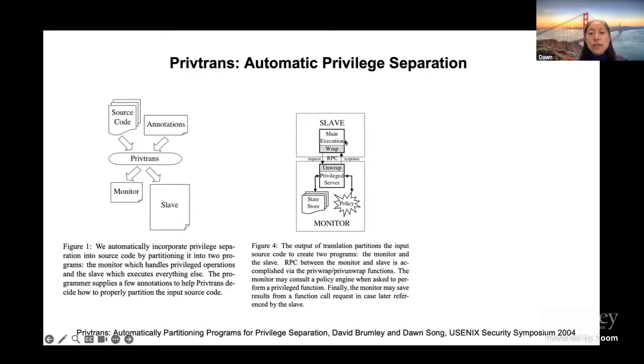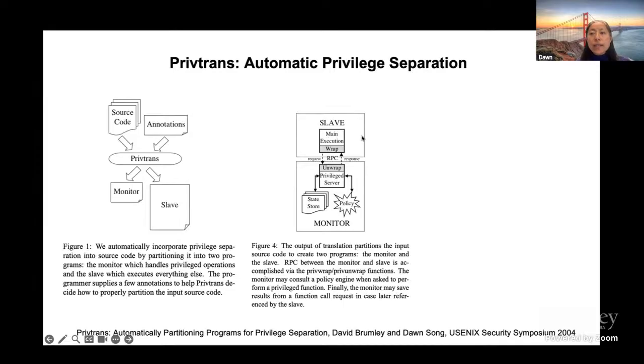In this case, the privilege monitor usually is very small, so it's easier to ensure its security, whereas the slave can be much larger, containing complex application logic.